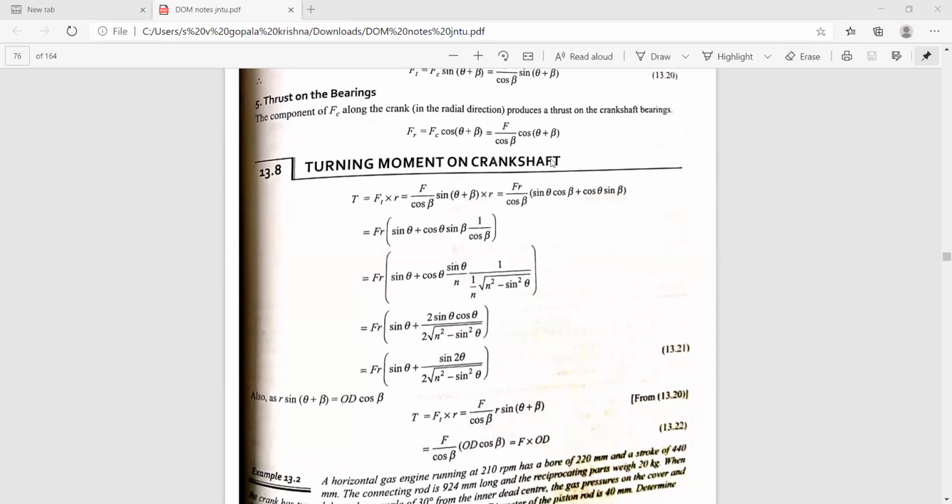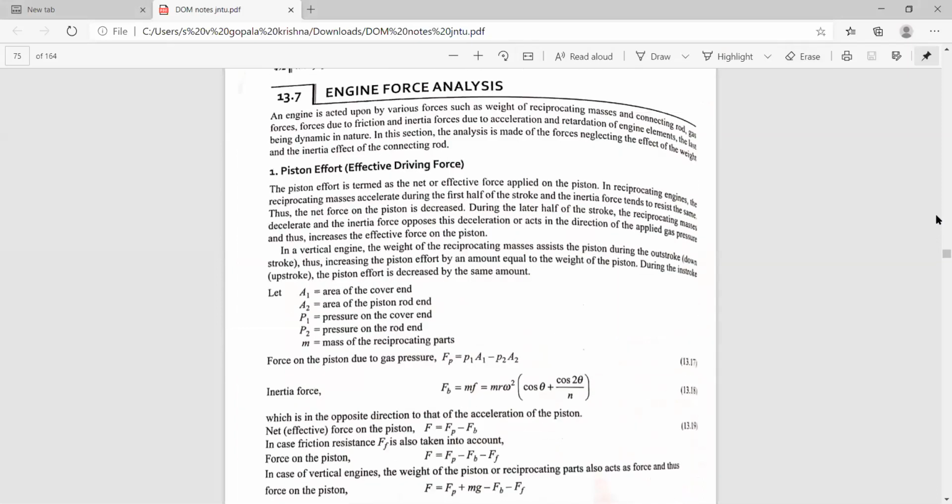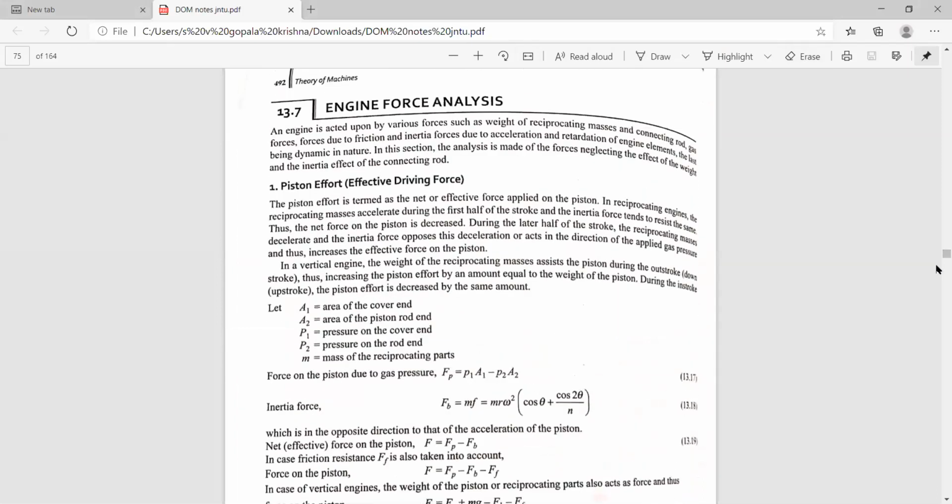What we discussed in the earlier class, we will rewind. That is engine force analysis. How many forces are involved in our steam engine or IC engine? Those forces were identified in the earlier session.